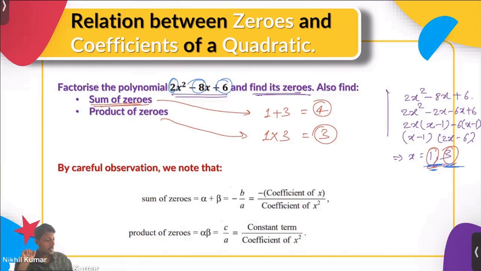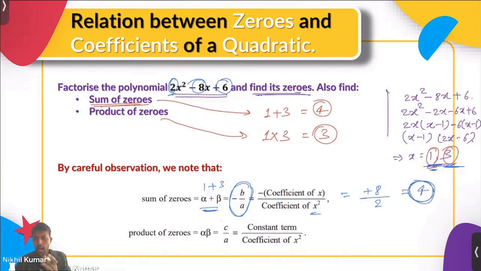The sum of roots that you found out, look at this. So 1 plus 3. This was the sum of zeros. So 4. And look at minus b upon a. What you get? Negative coefficient of x, that means minus of minus 8, that becomes plus 8 upon coefficient of x square, which is 2.